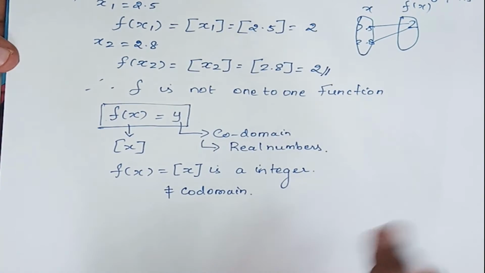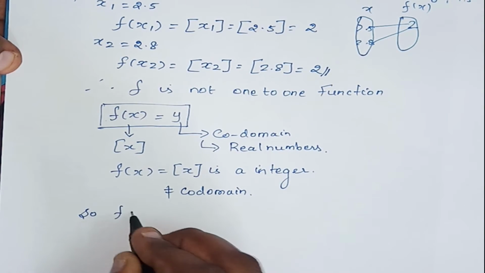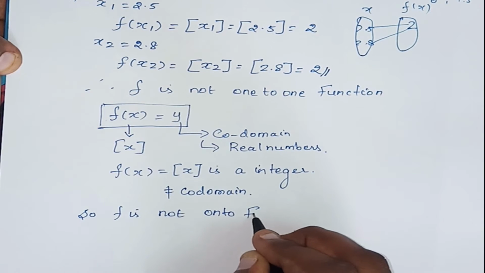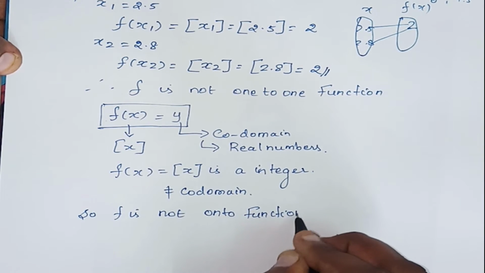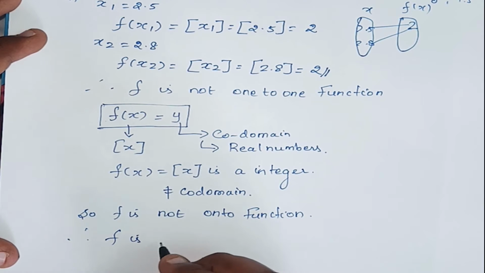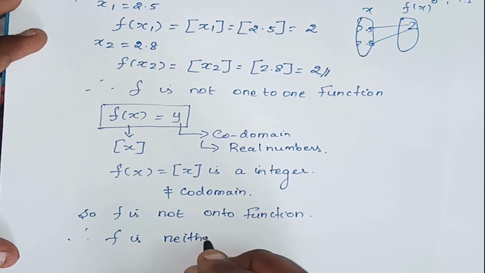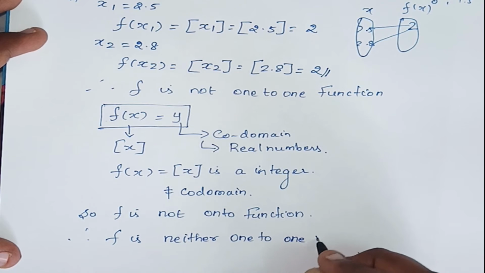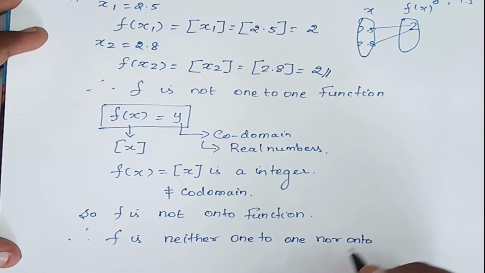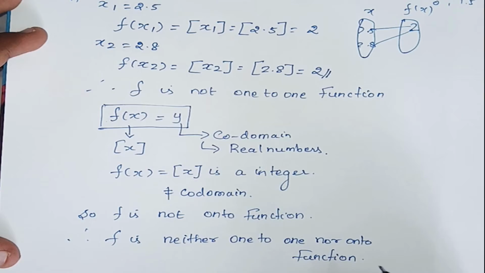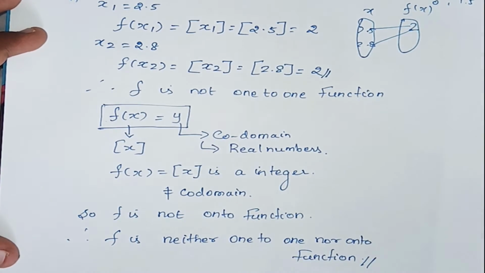So this function is not an onto function, right? Therefore this function is neither one-to-one nor onto. So hence we proved the given function is neither one-to-one nor onto.